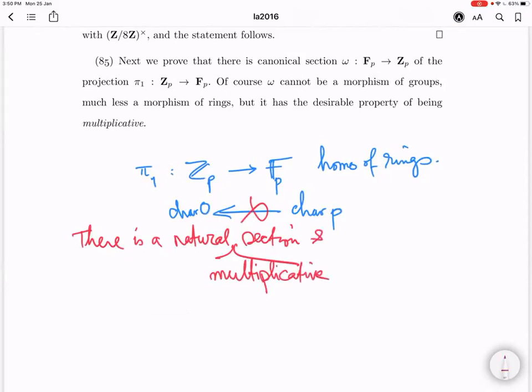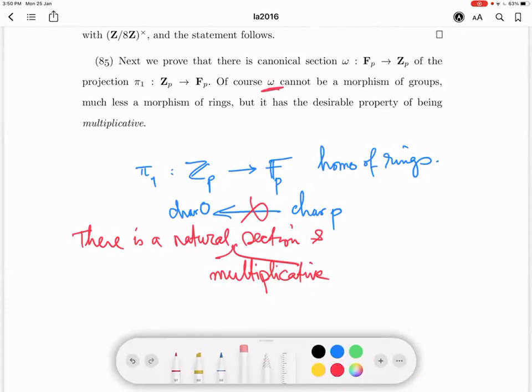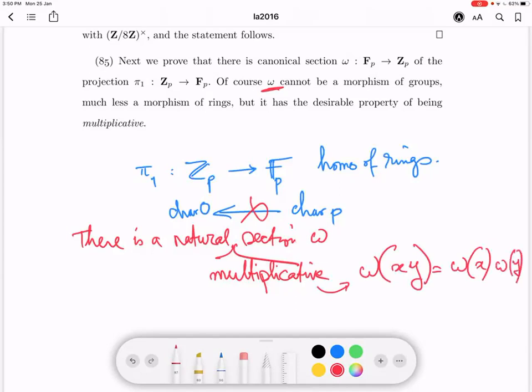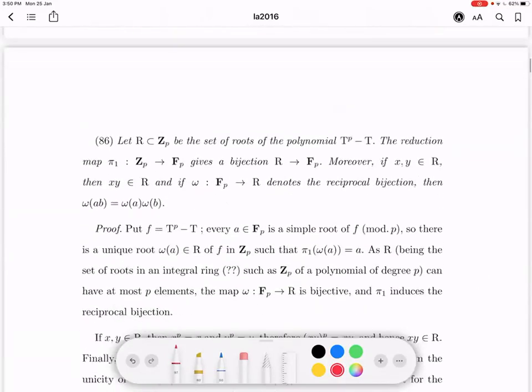The section is going to be called omega, so let me just use that notation. Omega. What does multiplicative mean? Multiplicative means that omega of xy is going to be omega of x times omega of y. Okay, so let's construct this.